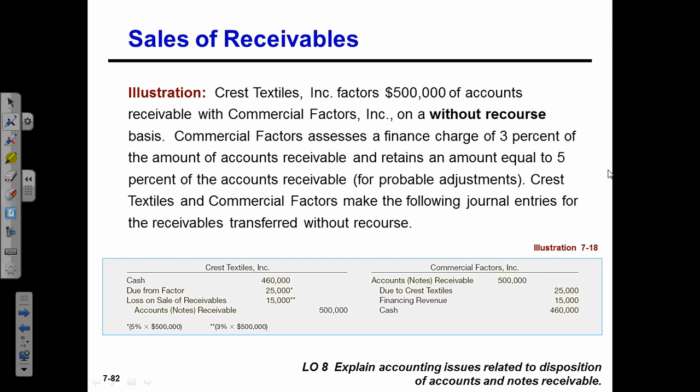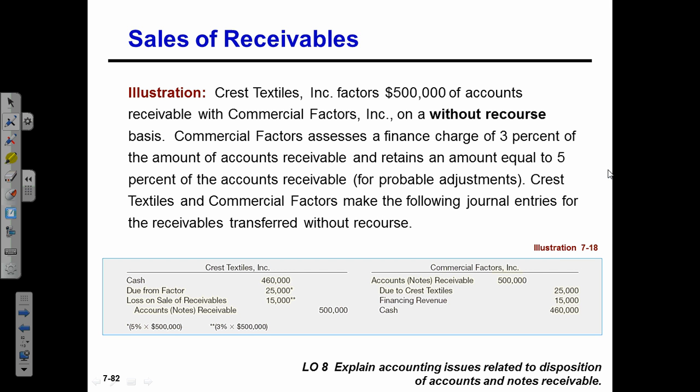If they collect the whole 500, they have to give me 25 of it. Every dollar they don't receive from 500 down to 475 comes out of me, and my loss just gets bigger and bigger.